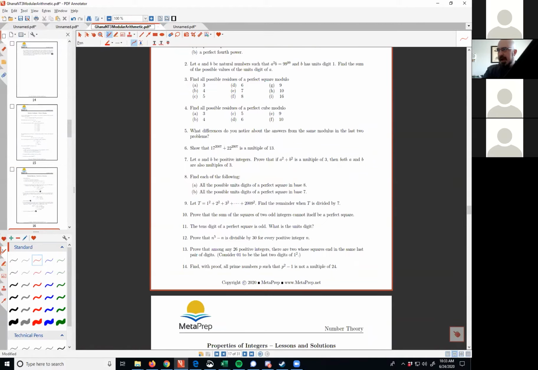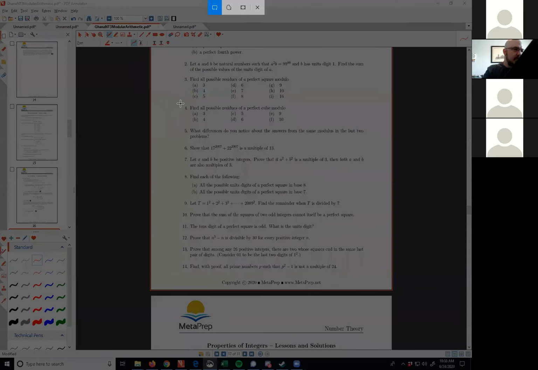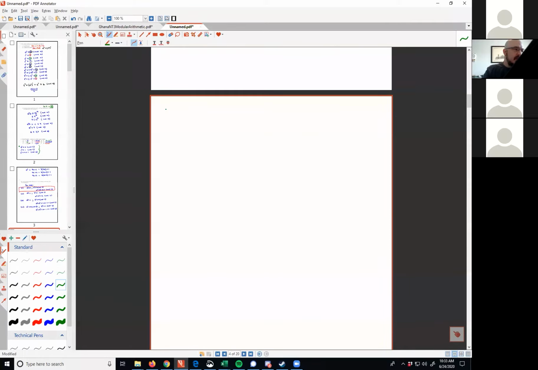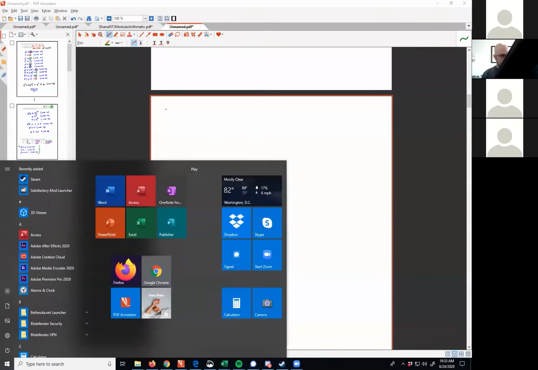Okay, so let's go back to problem 4 now. If we can find residues of squares, we can find residues of cubes. And maybe that'll be interesting also.